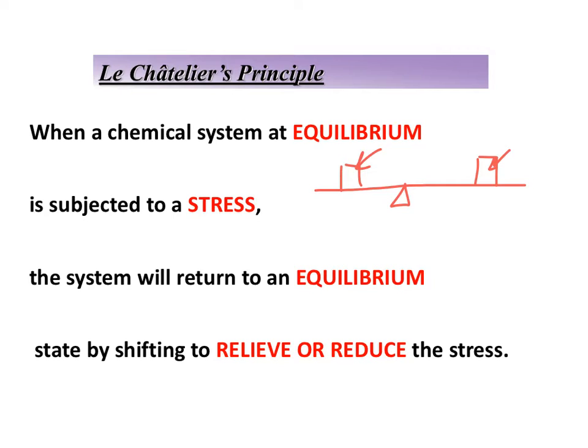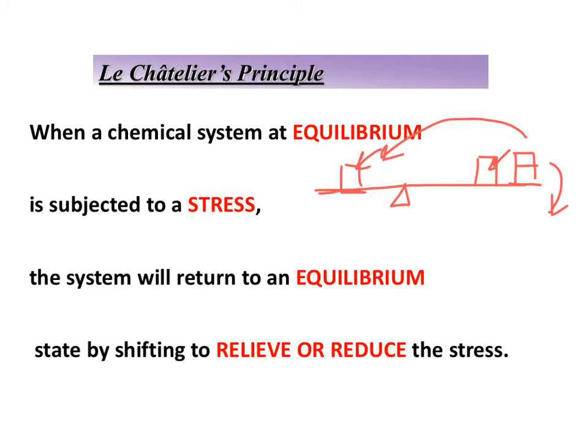And so things are balanced or in equilibrium. But if all of a sudden I add more mass to this side, we know the balance is going to go down. And we also know that the only way to restore the balance might be to take some of this and put it over here. So if we took half of it and put it on this other side, we could reestablish the equilibrium.